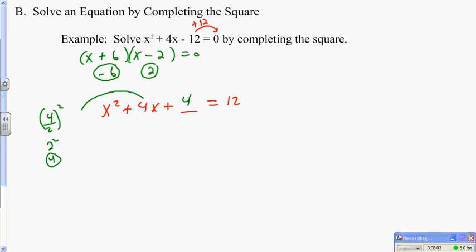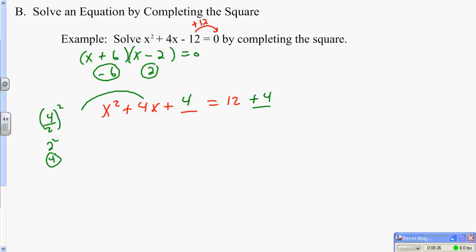Four is our number. Now if you remember, an equation is a teeter-totter. It's a balance, and I just added 4 to one side. I am not balanced. I must add 4 to the other side as well in order to stay balanced. Now this is an okay thing to do to an equation.